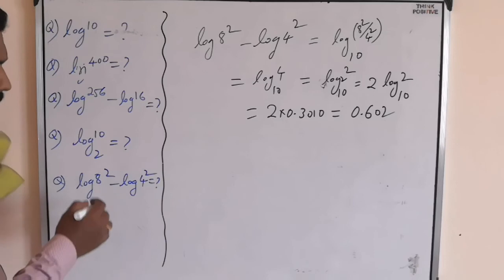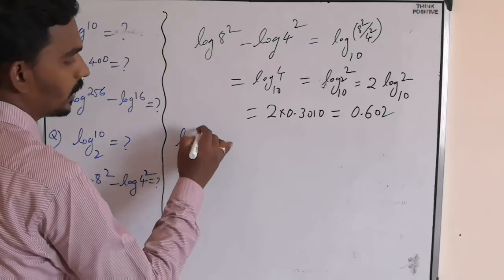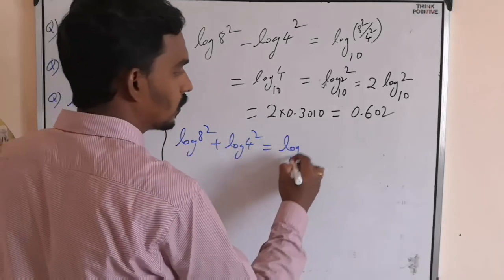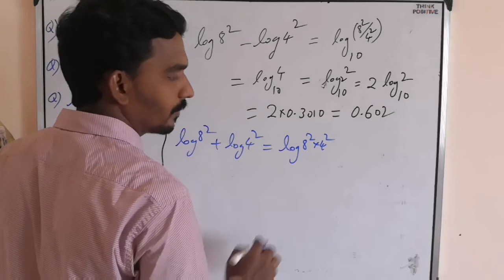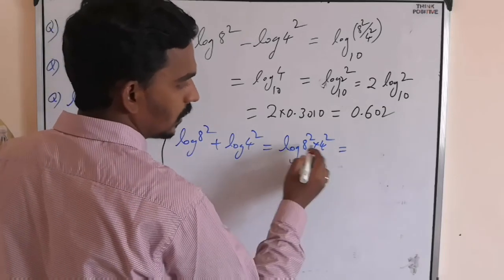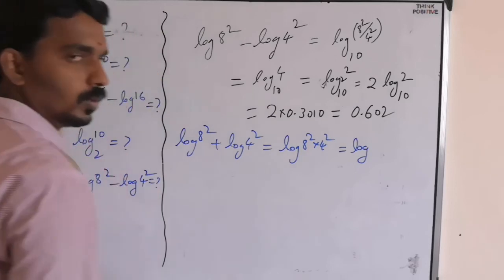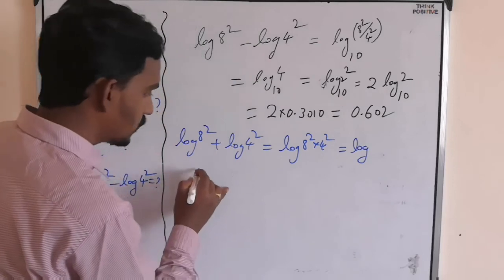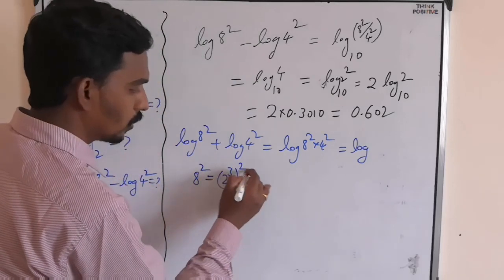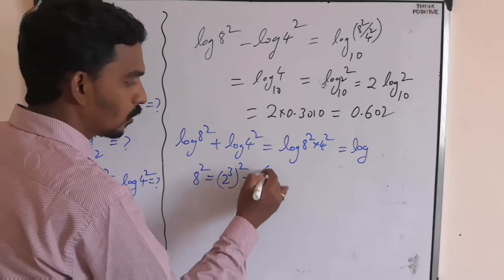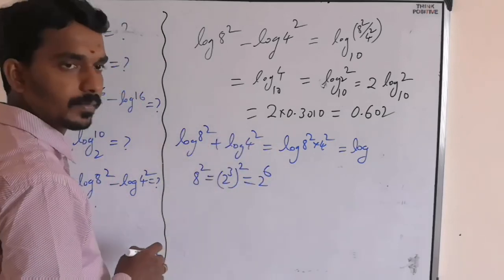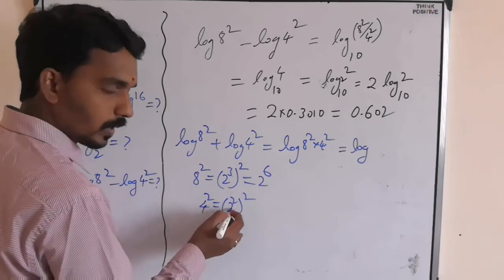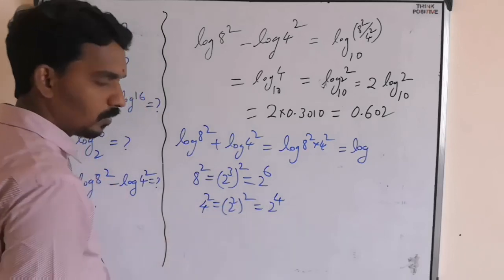Suppose in the same question there is a plus. So log 8 square plus log 4 square equals log of 8 square into 4 square. Try to write them in a common power: 8 square is 2 cube whole square, using x power m whole power n, so 2 power 6. Then 4 square is 2 square whole square, so 2 power 4.